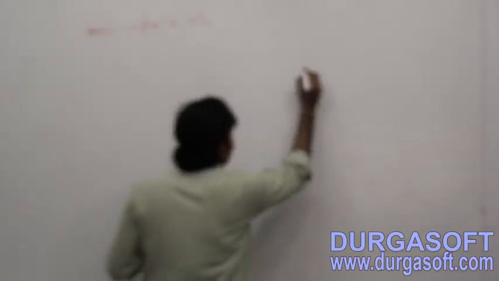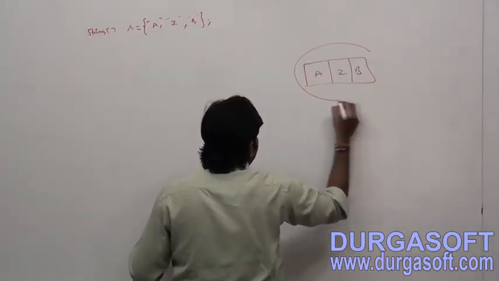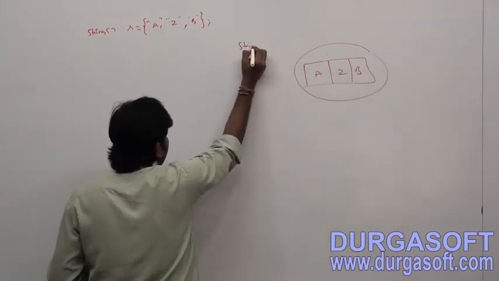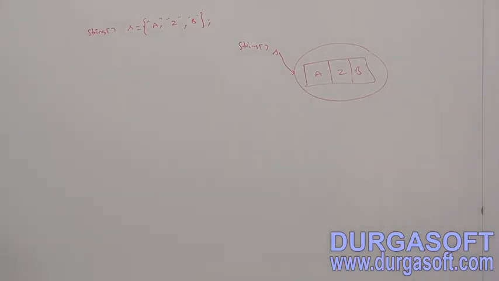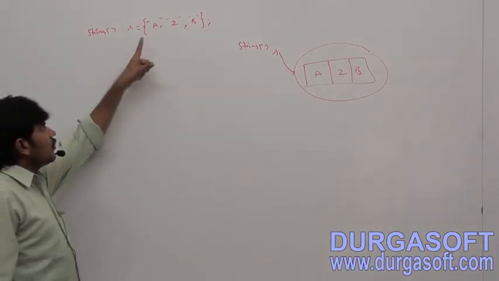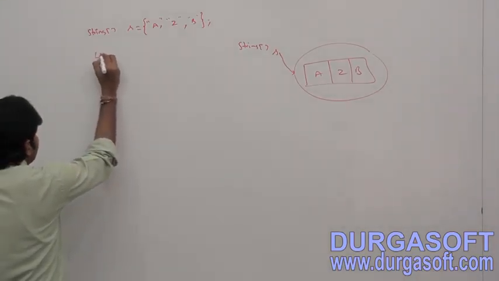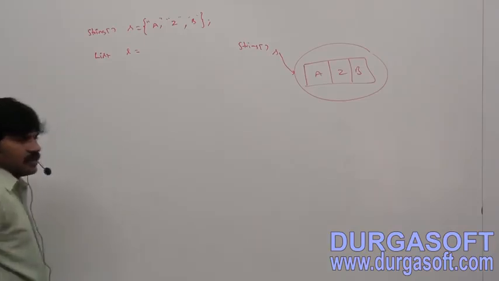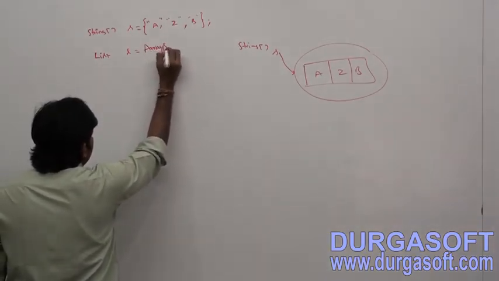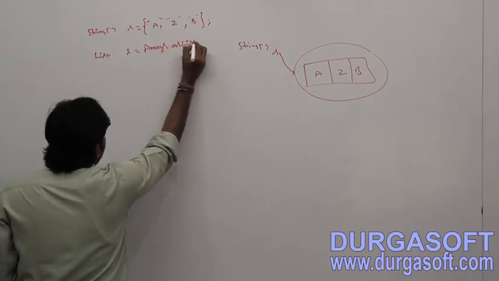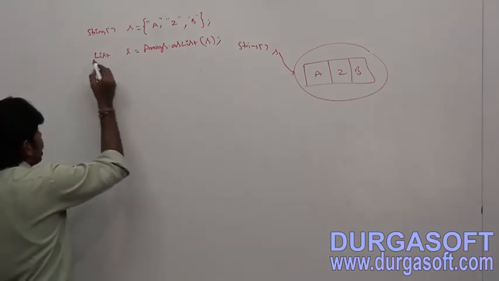Now here I have one array, a z b. What is the reference variable for that? String array s. Sir, I want to convert this array to list, so what is the method? List l is equal to Arrays.asList(s).